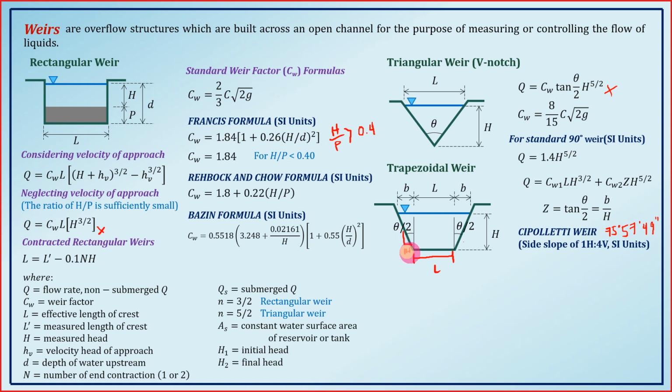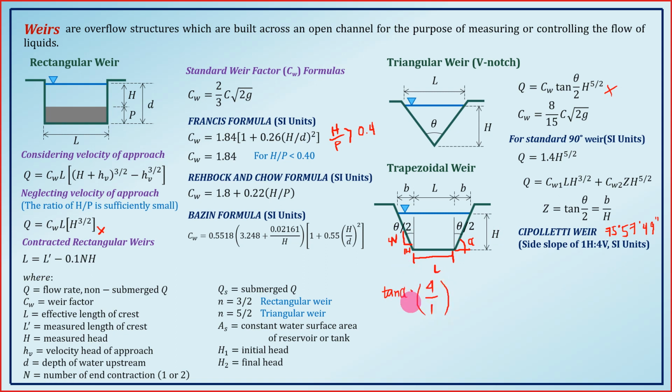Kasi one horizontal to, ito four vertical. So, sinolve lang natin yung angle ng side slope na to. So, let's say alpha. Yang alpha na yan is equal to this given value na nasulat ko, yung 75 degrees, 57 minutes and 49 seconds. Paano siya nakuha? By tangent lang naman na function. So, di ba, tangent alpha is equal to 4, opposite over the adjacent.